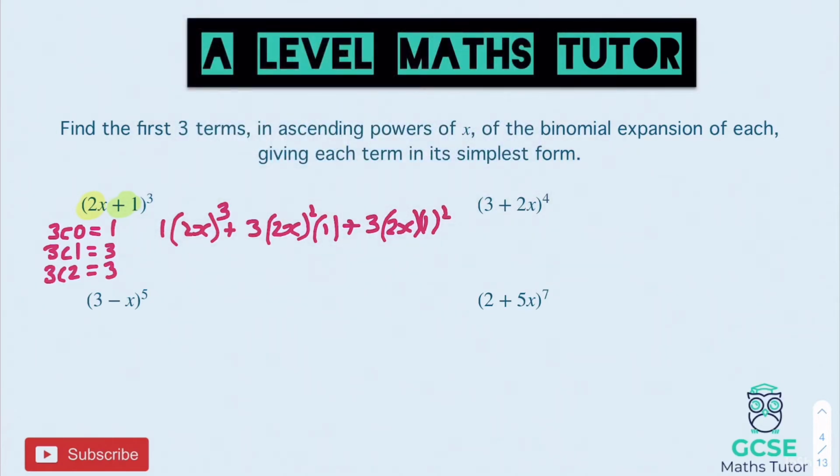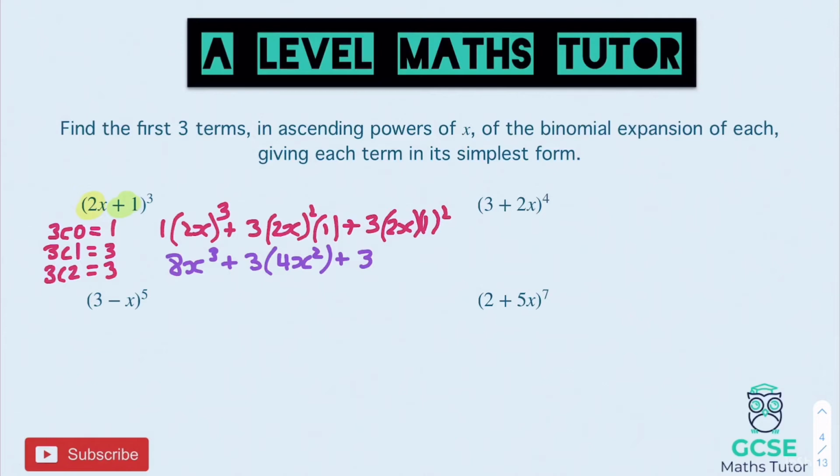So we get one lot of 2x cubed. So 2x cubed is 8x cubed. 3 lots of 1 on the next one is 3. And that's going to be 3 lots of 2x squared, which is 4x squared. There we go. And then we get 3 lots of, it's 3 times 1 there, 3 lots of the 2x.